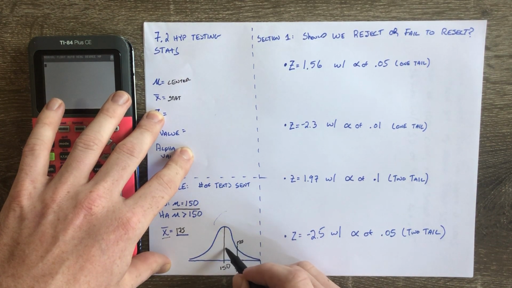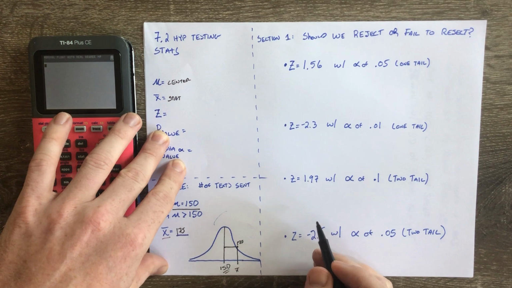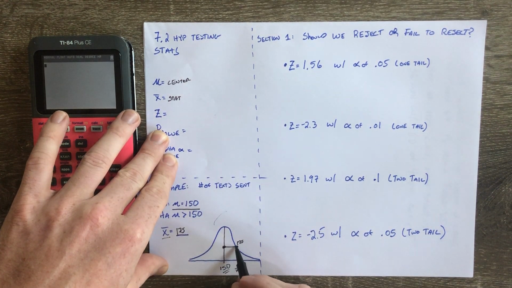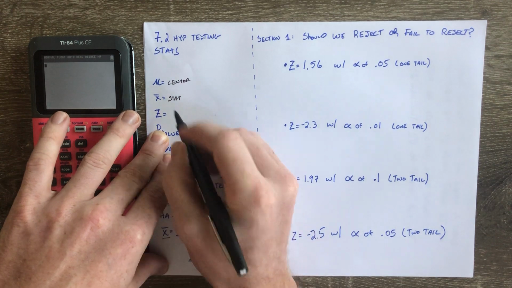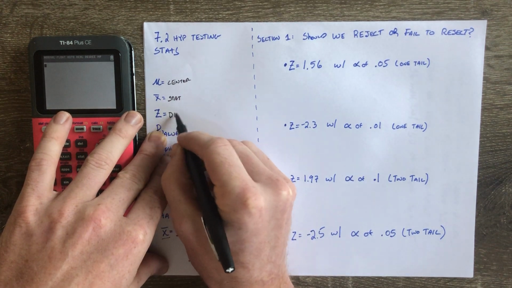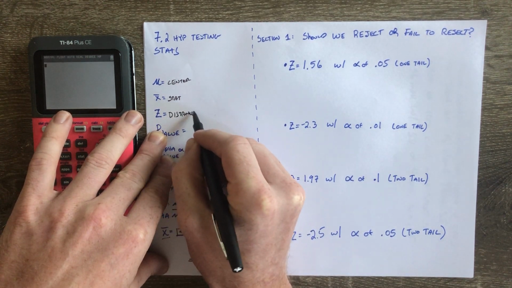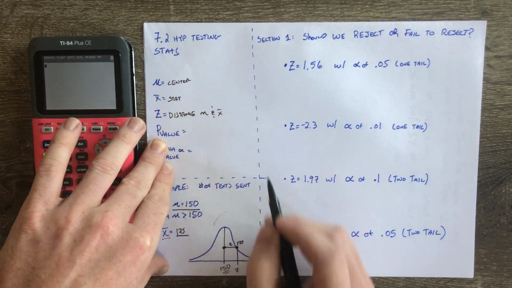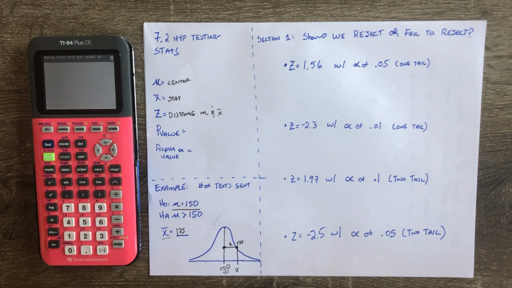And then you have to figure out, is that far enough away from the center to say that this is actually false? So the distance between this and this is called your z-score, right? So that's going to be the distance between mu and x bar, right? We talked about that a lot leading up into this chapter.